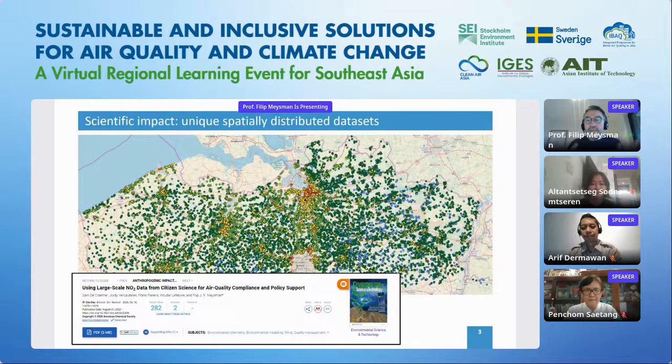Air quality is so variable between streets, between neighborhoods, between cities, that we need a lot of data to have a decent, solid insight into the air quality and how many people are exposed to concentrations that exceed legal limits. We've done this in Belgium. We've collected a massive and unique data set on which scientists can build.